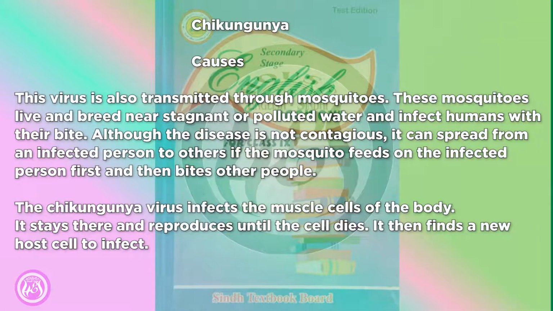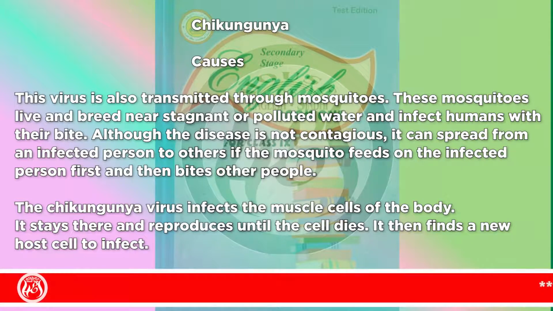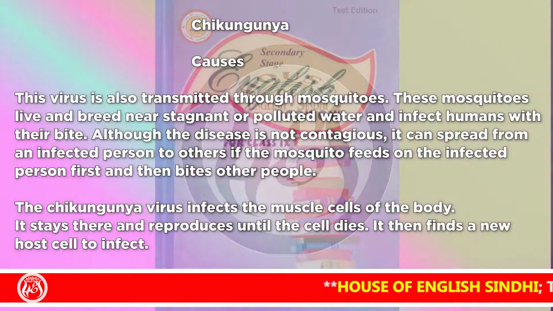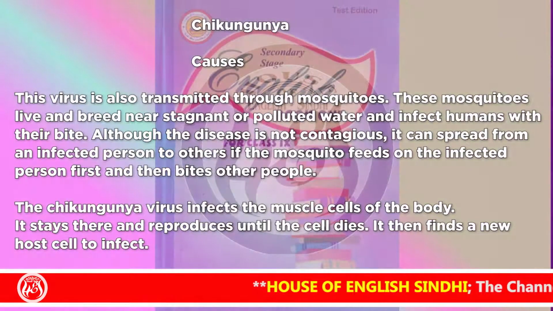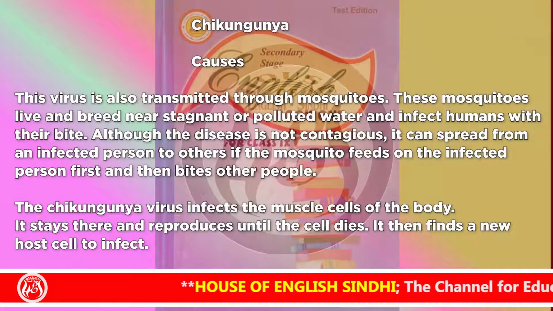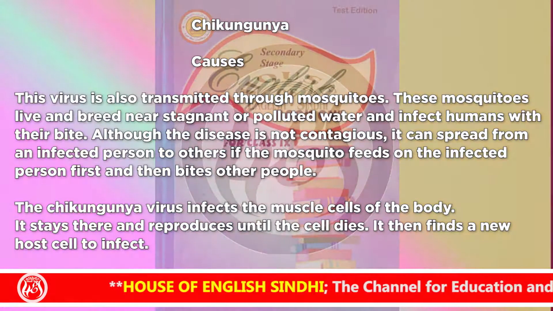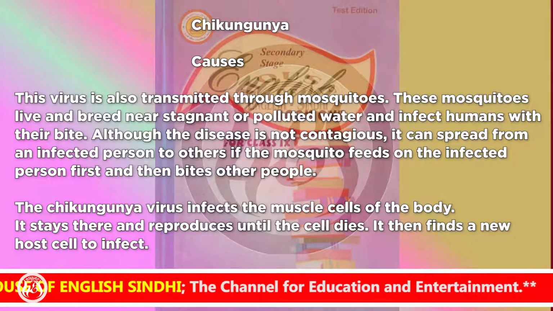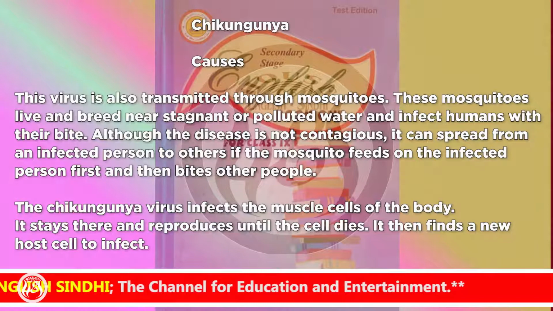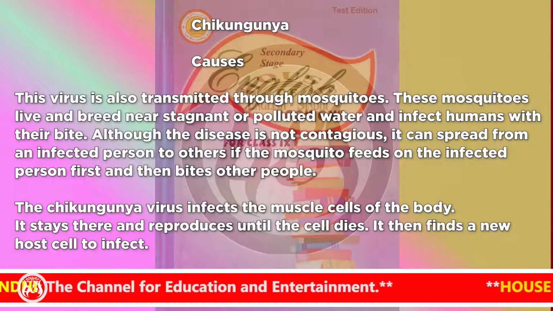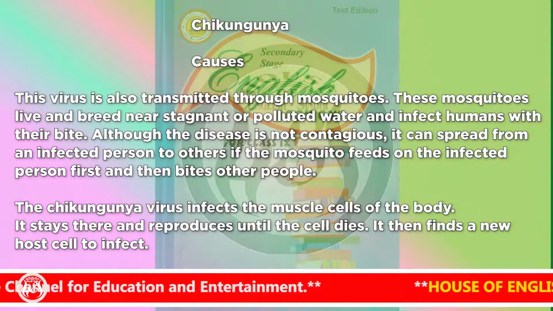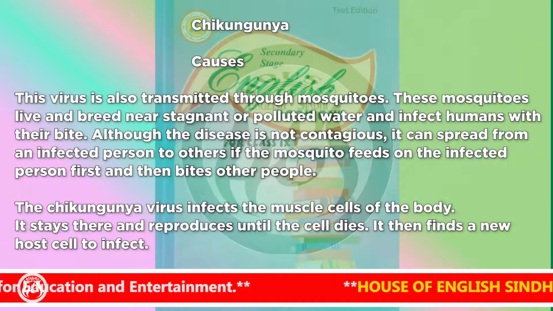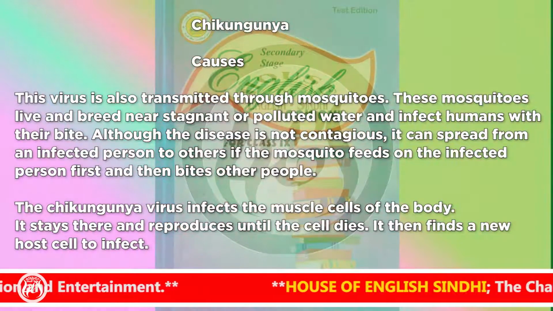Chikungunya causes. This virus is also transmitted through mosquitoes. These mosquitoes live and breed near stagnant or polluted water and infect humans with their bite. Although the disease is not contagious, it can spread from an infected person to others.